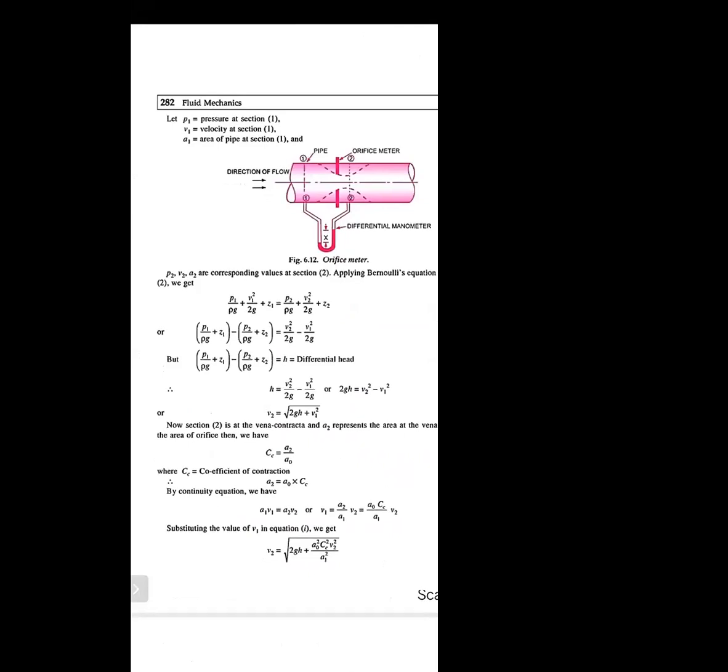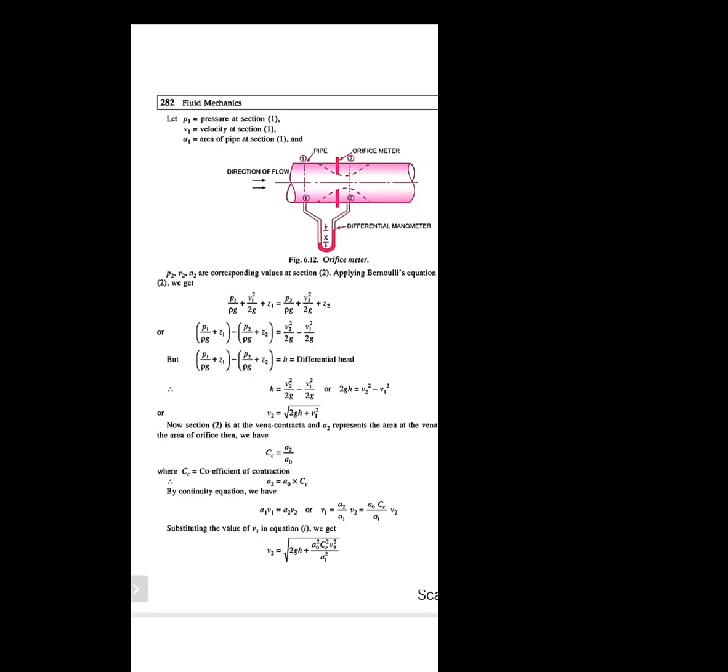Again, the derivation is the same as that of the Venturi meter. We have to use Bernoulli's equation here, which is P1 upon rho g plus V1 square upon 2g plus Z1, equal to P2 upon rho g plus V2 square upon 2g plus Z2. It is the same expression as for the Venturi meter, which we already studied in the previous lecture.